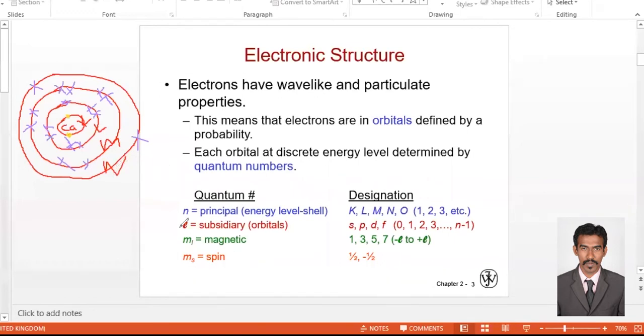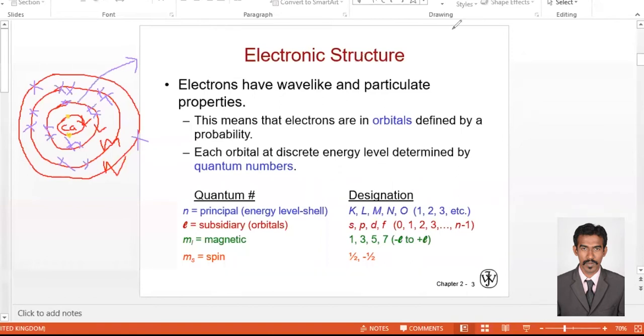And then we have the subsidiary orbitals, s, p, d, f. These subsidiary orbitals are further classified within each orbit. For example, if you take this orbit, I'm going to draw it now. This is primary.